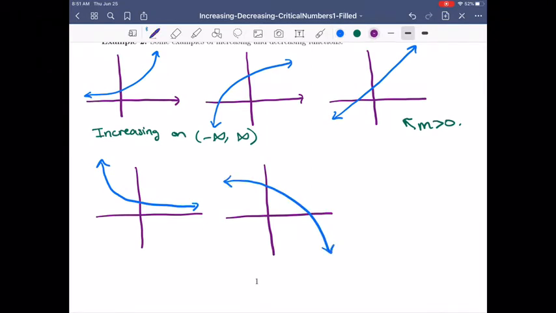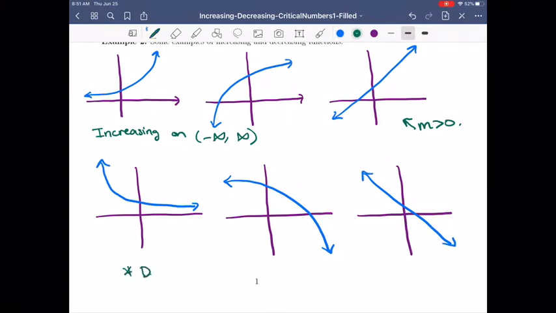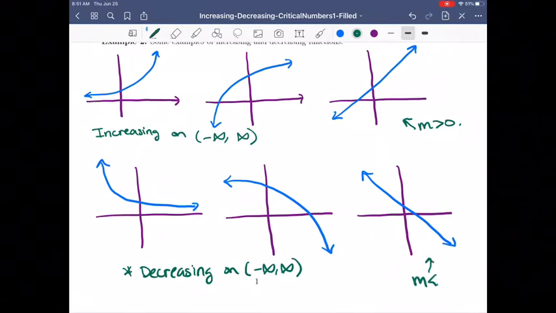Again with the linear functions, if I have a negative slope, then my function is decreasing. So these three are all decreasing on the entire interval, and this linear one has a negative slope. That's going to mean something in a minute.